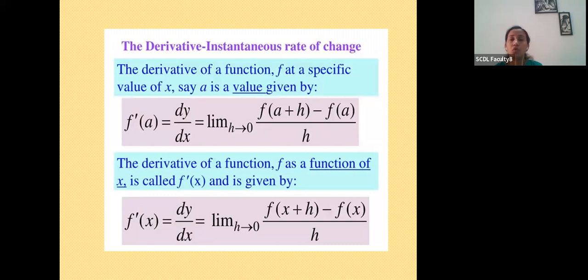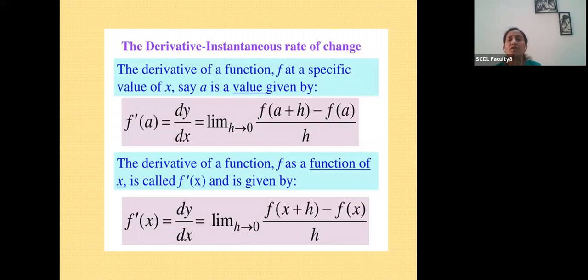Okay. So we go with the same formula, but instead of a, I've written x here. The formula will be the same for finding the derivative of a function when a is present as a given value. Suppose we go with the limit of f(a+h) minus f(a) upon h, given the condition h approaching 0.